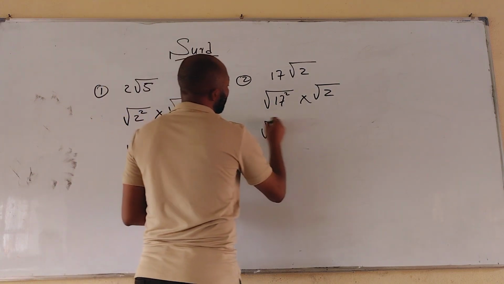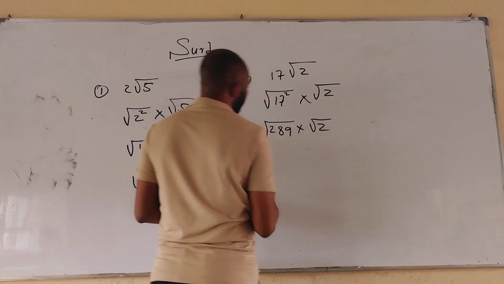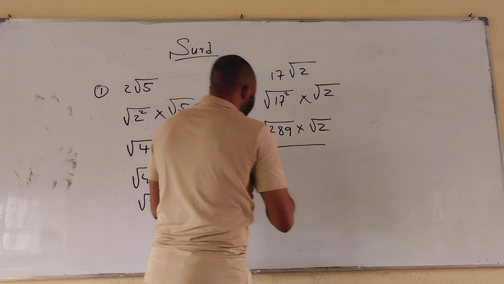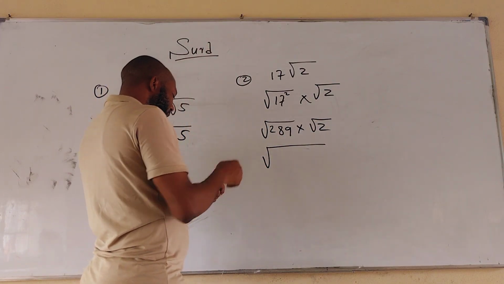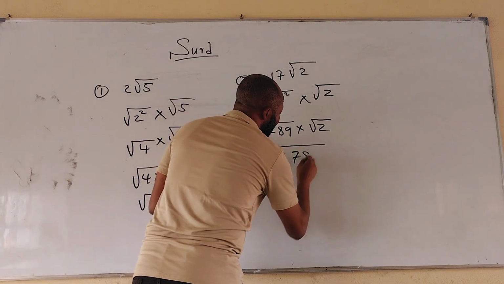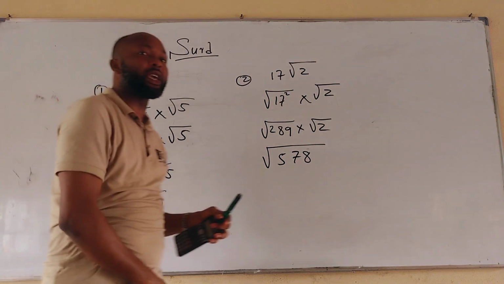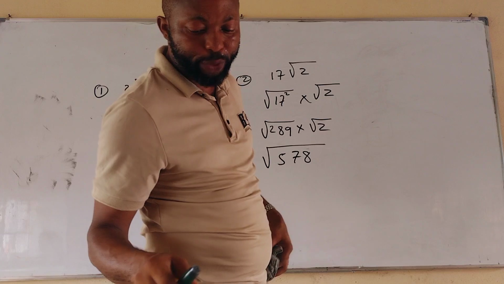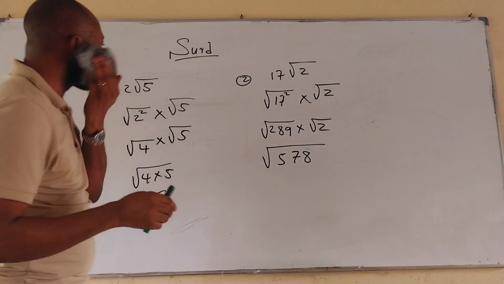So here becomes root 289 times root 2. Now, it's the same thing as multiplying 289 times 2. That gives me root 578. So by so doing, I've been able to put it in the same form. They say express the following as a single surd. They are now what? A single surd.